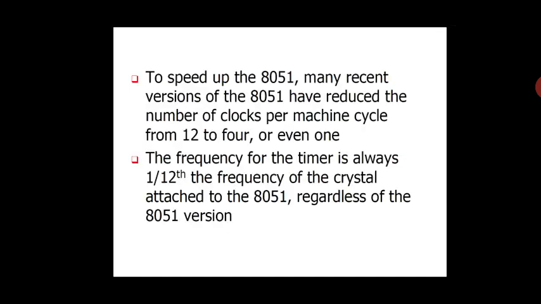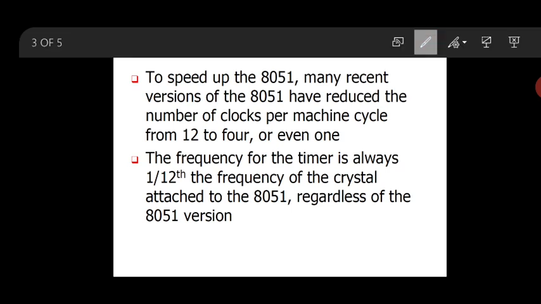Okay, let us move to the next slide, in which, to speed up the 8051, many recent versions of 8051 are available, so that we can reduce the number of clocks per machine cycle from 12 to 4. Previously we divided 12 by the frequency, as one machine cycle consumes 12 clocks.